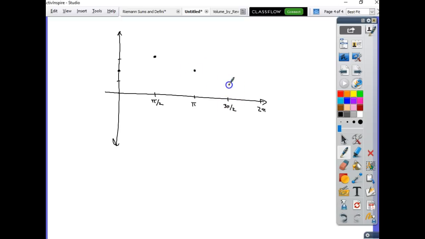And then 3 pi halves would take me down to 1. And then 2 pi brings me up to here. And we have a graph that looks something like that. This is the sine of x plus 2.